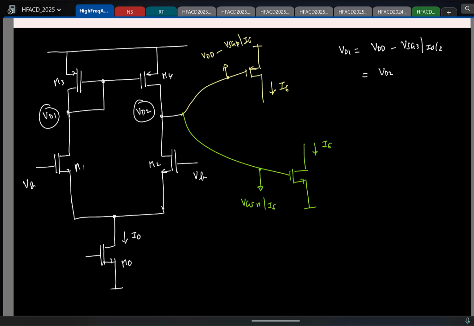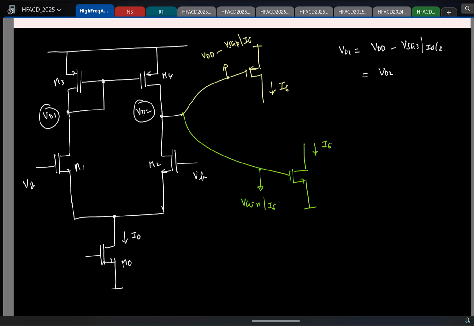I'm not saying you cannot use NMOS, but with respect to the biasing conditions, PMOS is much better in this case. Is that okay? If we use an NMOS, then we can make a very small NMOS, because we have a higher gate to source voltage. Correct. No, you have higher gate to source voltage, which might not be great, because then your VDS has to be much greater than that to be in saturation, right?